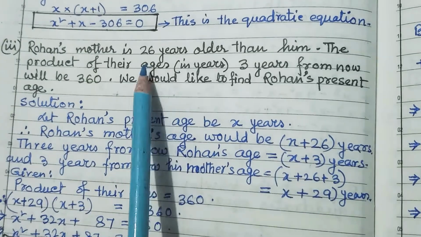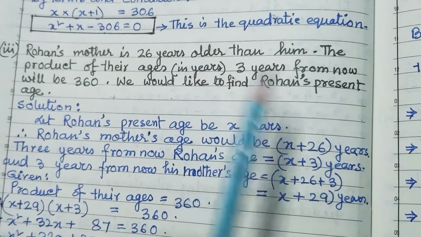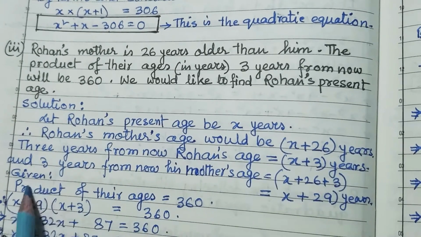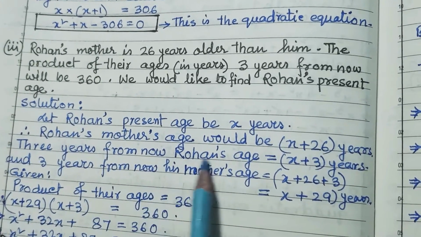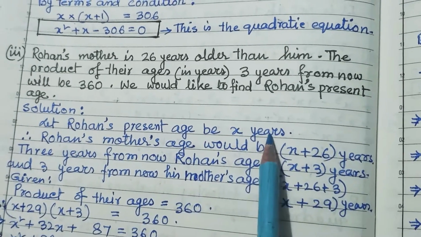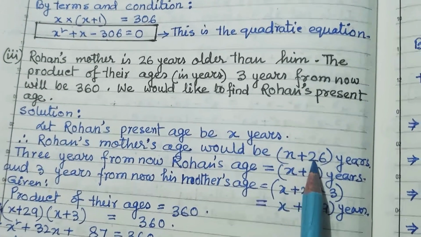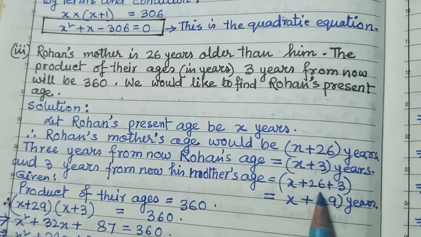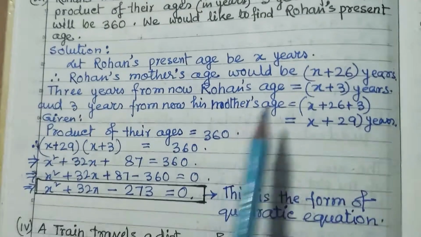It is given she is 26 years older than him. So x plus 26 years. 3 years from now, Rohan's age should be x plus 3, and the mother's is x plus 26 plus 3, so x plus 29. Then the product of their ages.